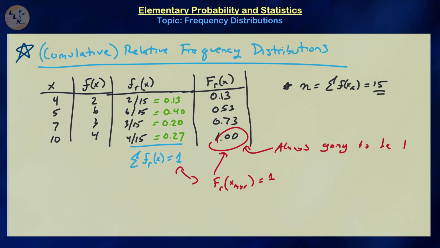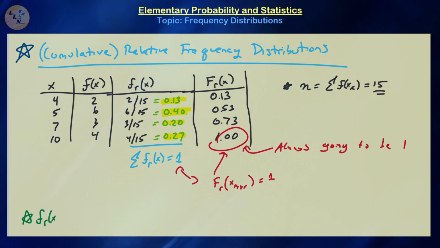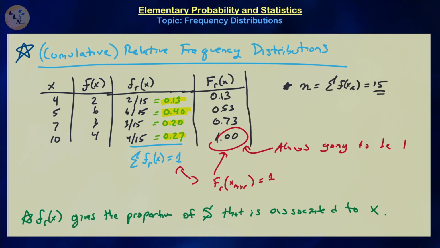So what is the application associated to the relative frequency distribution? Well, it clearly gives the percentage or the proportion of the data set that is associated to that particular value. So let's write that down. Fr of x gives or describes the proportion of S that is associated to that particular value, x.